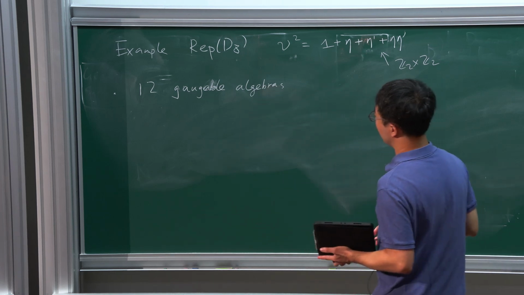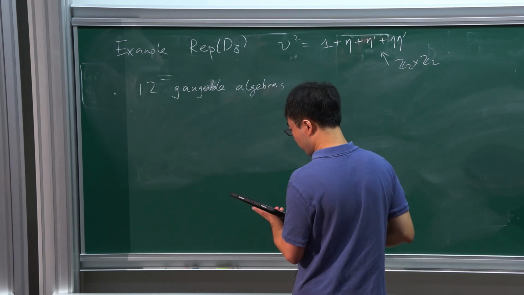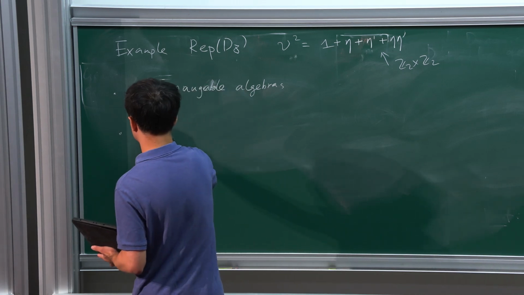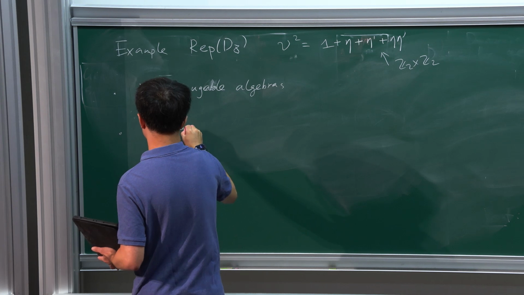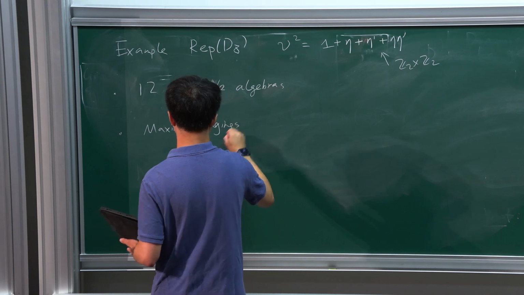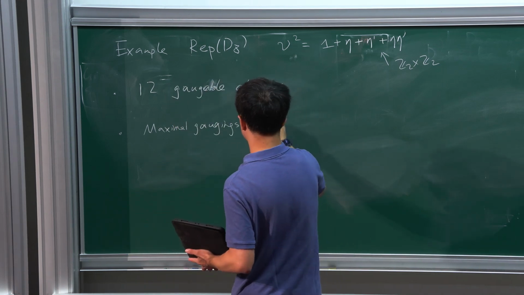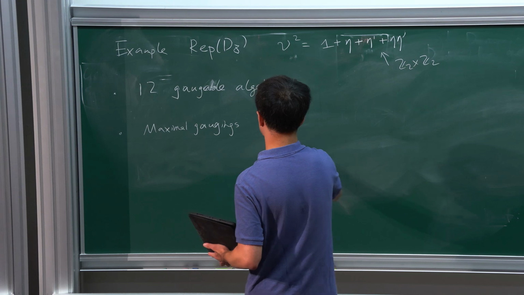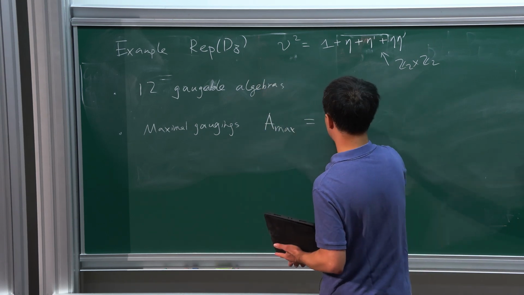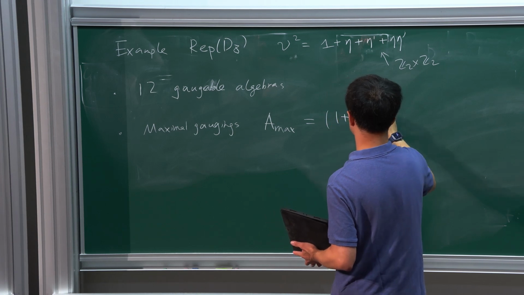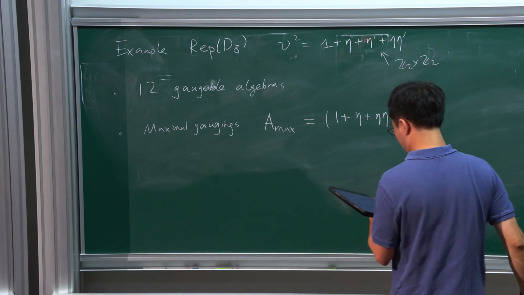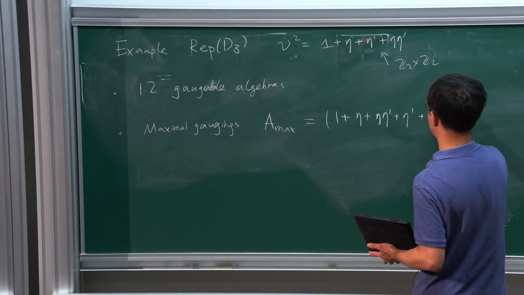And in particular, there is the maximal gauging, which amounts to gauging the whole category, when the algebra object A, as an object in this symmetry category, is just the sum of the simple topological defects multiplied by their corresponding quantum dimensions.